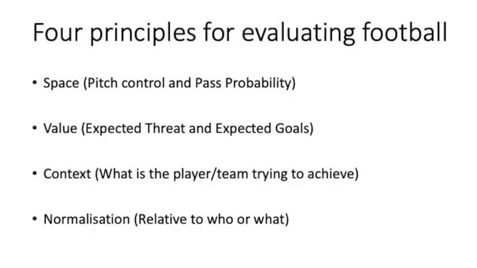Think about these four things that you want to measure. You want to measure the space created, you want to measure the value of a particular action, you want to measure the context, and then you want to normalize in order to evaluate against different players. That's specifically for scouting.